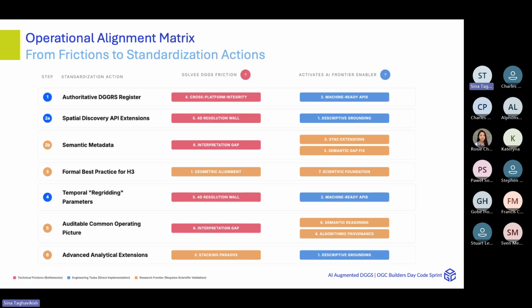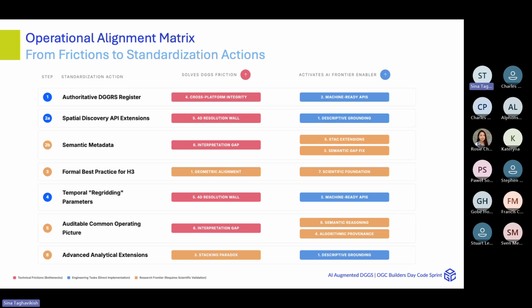This is a copy paste from the web page. It's an operational alignment matrix between what we think this future work is, what it solves in terms of DGGS friction, and what activities AI needs to support in future.